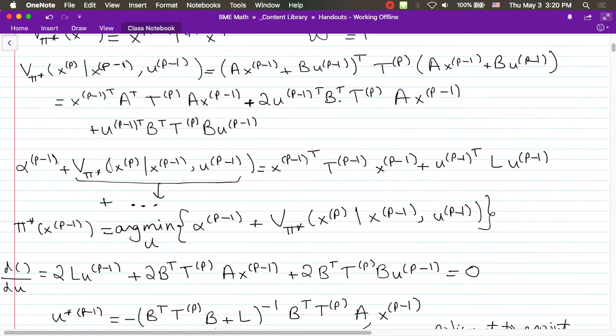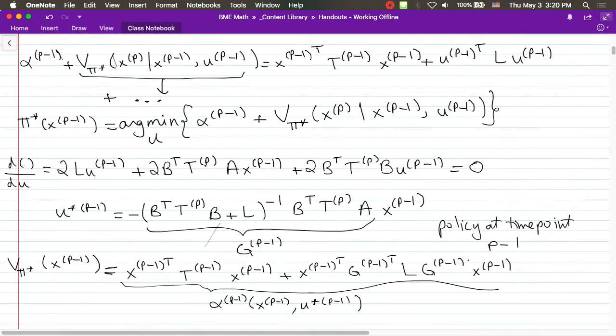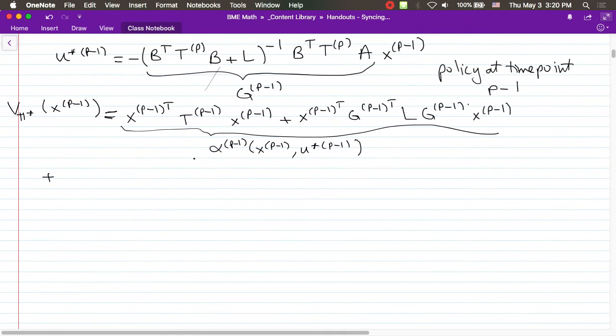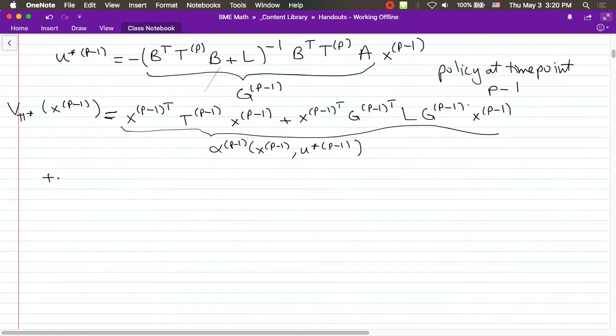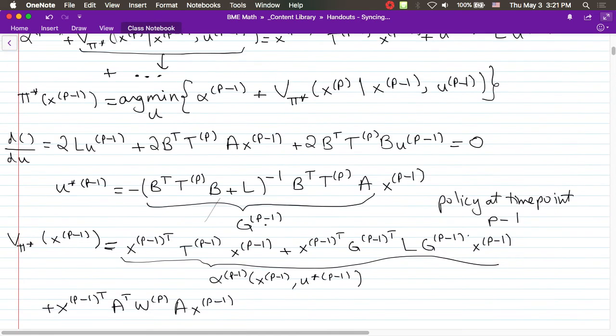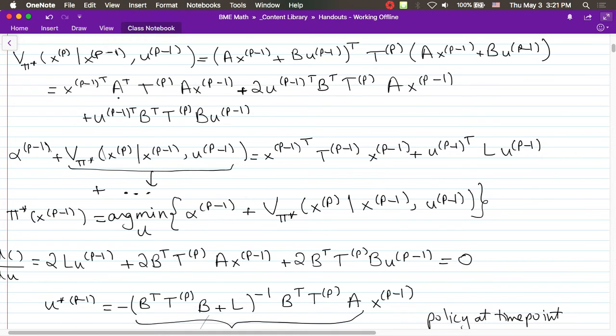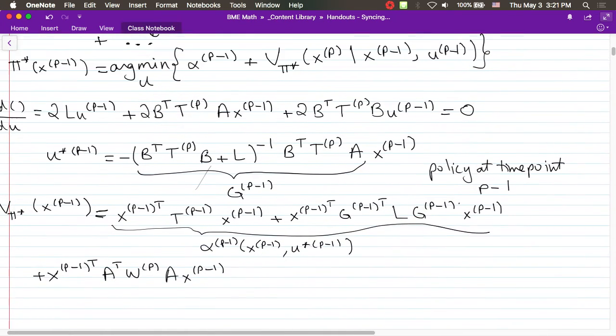These three terms here, where U now is replaced by G times X. All right, so that's going to be X P minus 1 transpose A transpose WP, that's just T at time point P, A X of P minus 1. So this is the first term. This is this term here, where I replace T with that W.